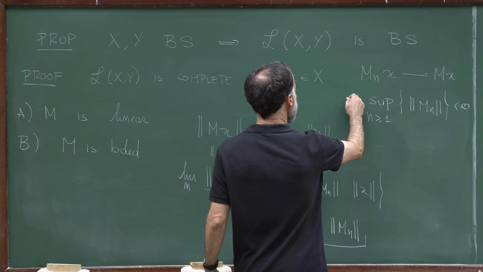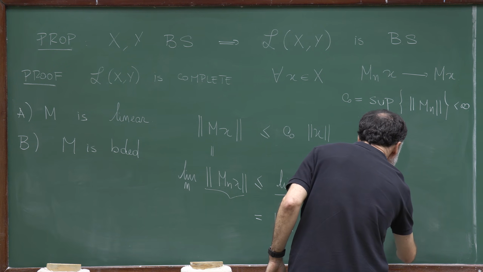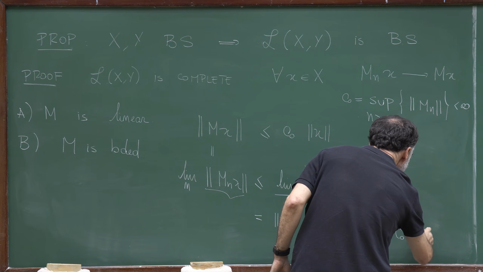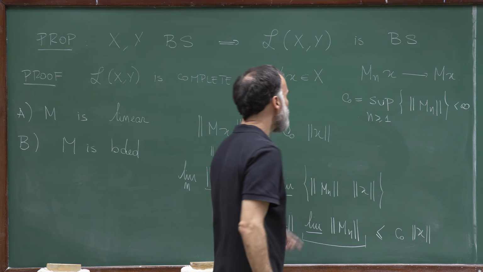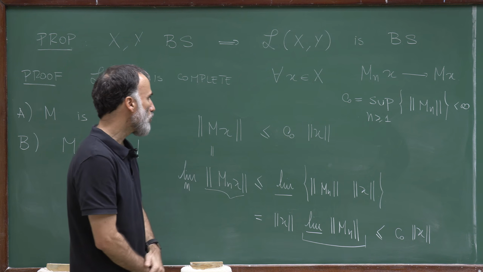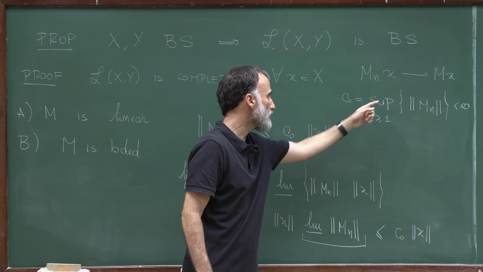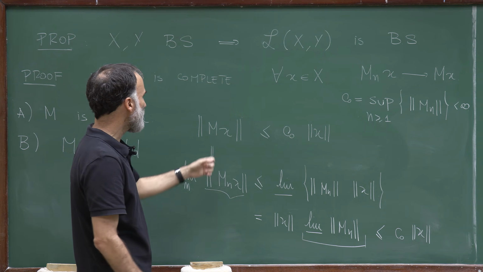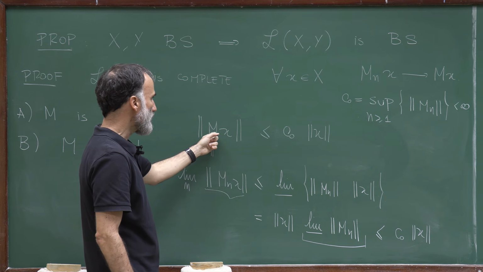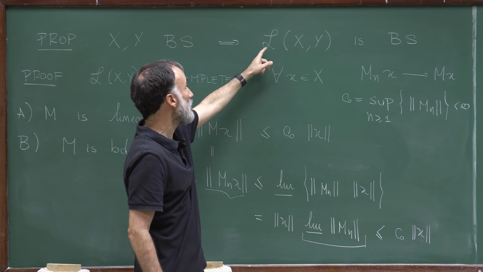So if I call that C0, this is bounded by C0 times the norm of x. And this C0 does not depend on x, so this inequality holds for all x in X with C0 given by this supremum, and that proves that M is a bounded linear operator, so that M is an element of this space.